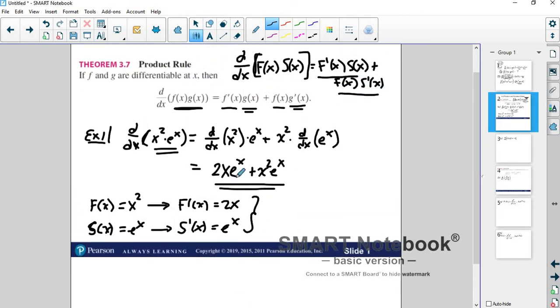You can just plug it in and you see how that would work. 2x e to the x, these two multiplied together, plus these two multiplied together, x squared e to the x. You get the same thing. Okay? So however you want to think about it, there's a couple of different methods of trying it out.